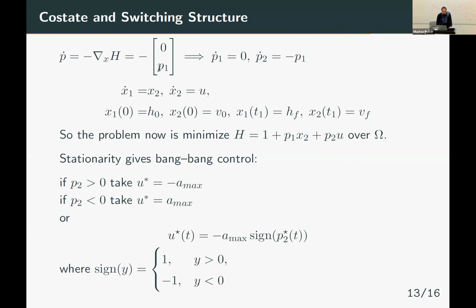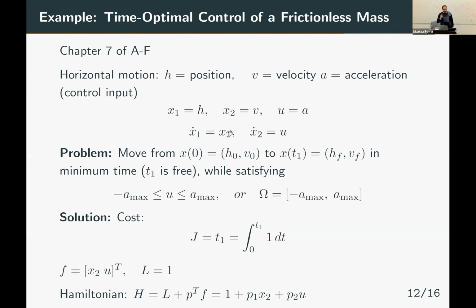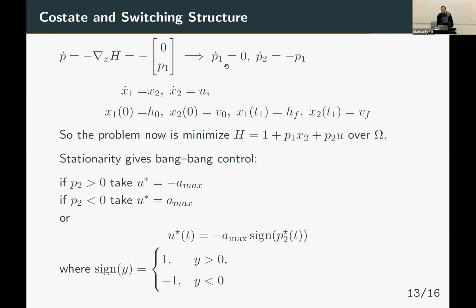So you have 0 and p1, multiplied by the negative. Notice that the dimension of the system is 2, so n is equal to 2. That immediately gives you two differential equations: p1 dot is equal to 0 and p2 dot is equal to minus p1.